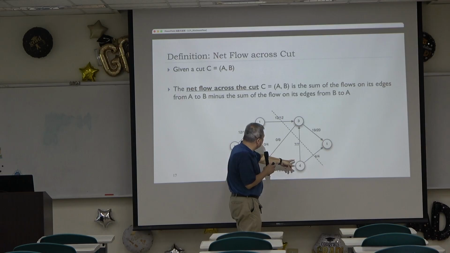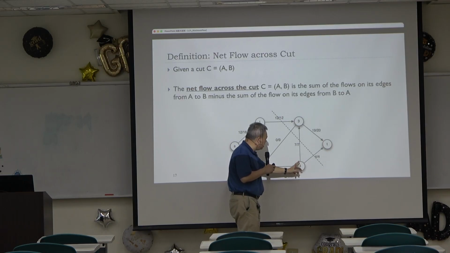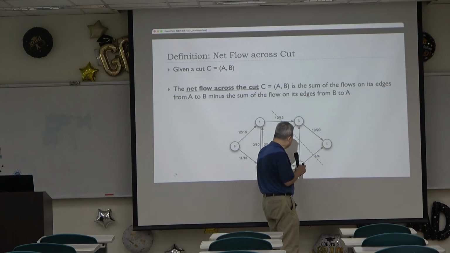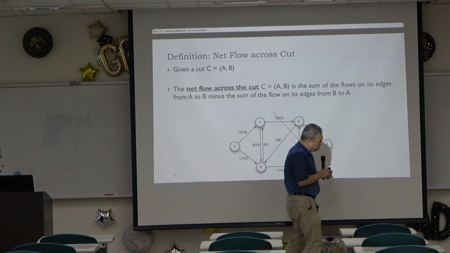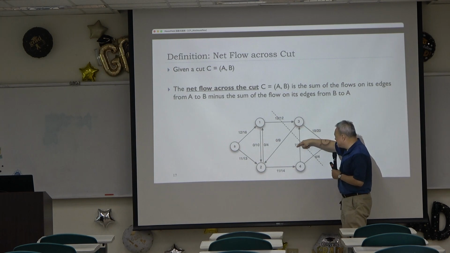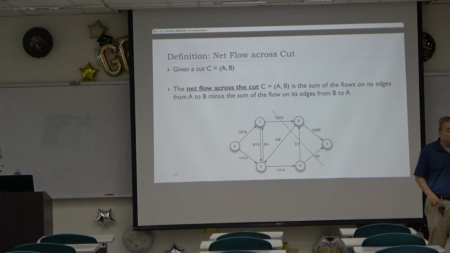And then we have 7 going from 4, which is also one node in set A, to 3. So 12, 7. And then we have another 4 that goes from 4 to T. So in total we have 12 plus 7 plus 4, 23.